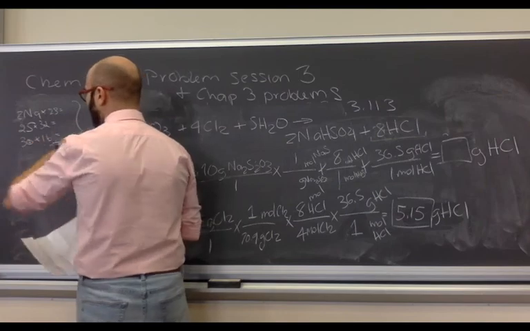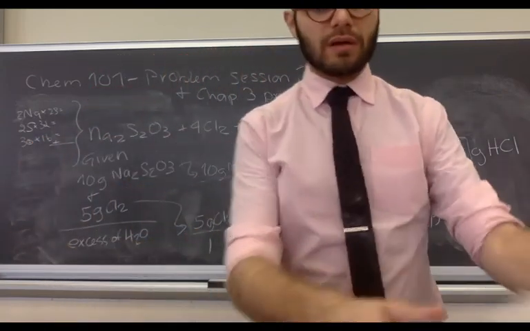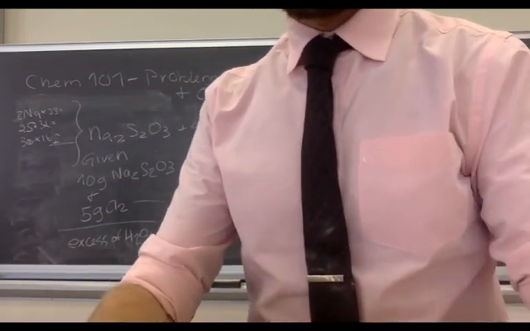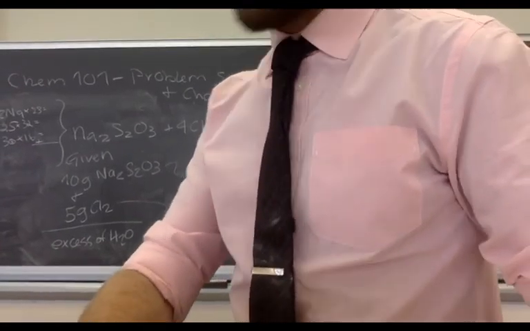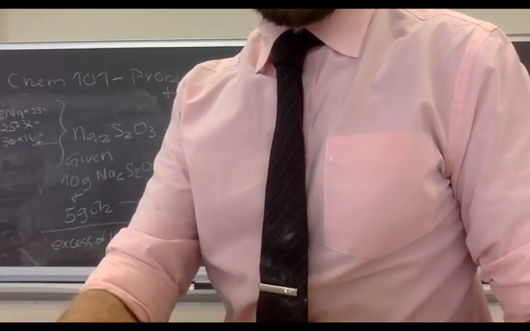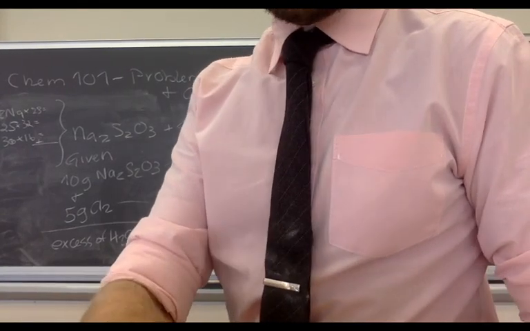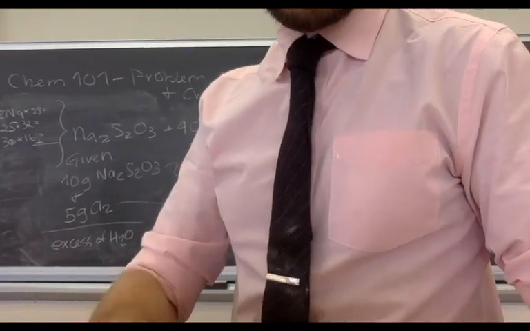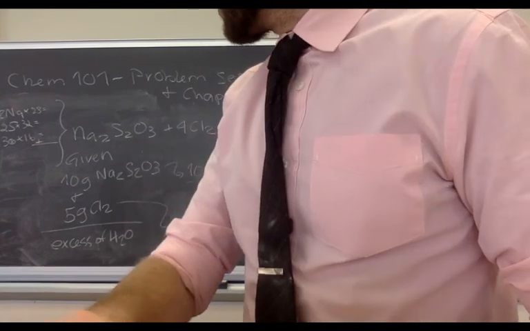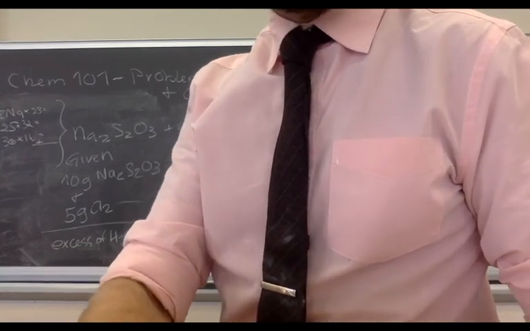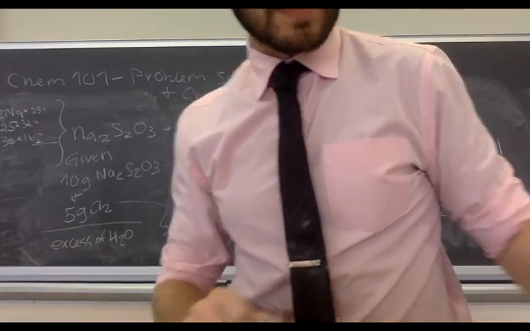So I'm going to add up all the individual contributions. Let me do that just here. We have 2 times 23 plus 2 times 32 plus 3 times 16 gives us 158.